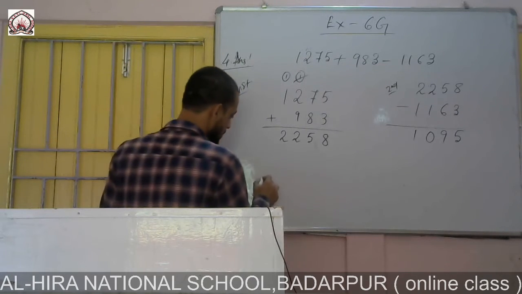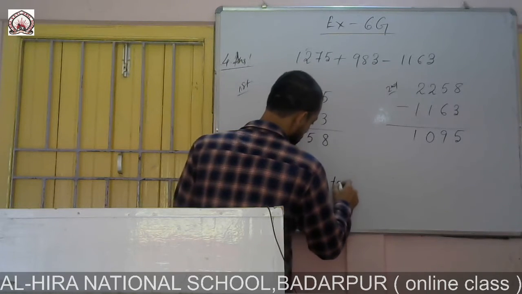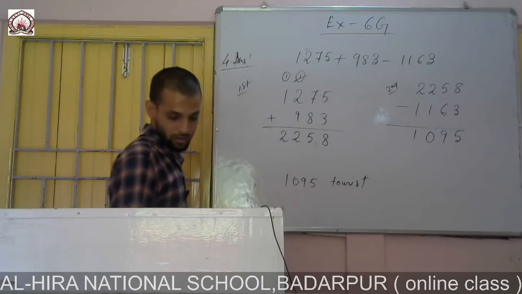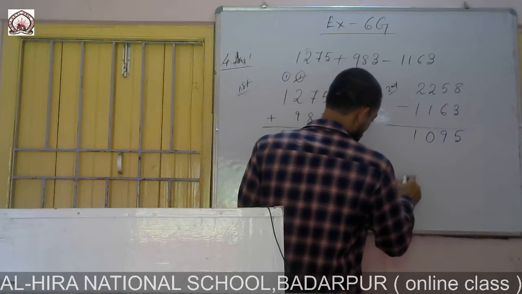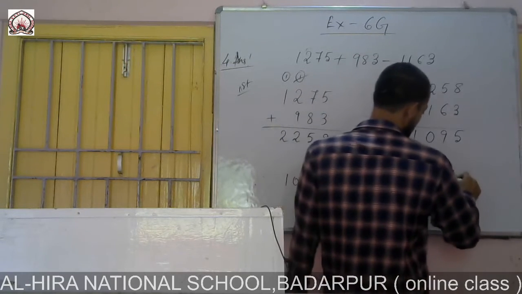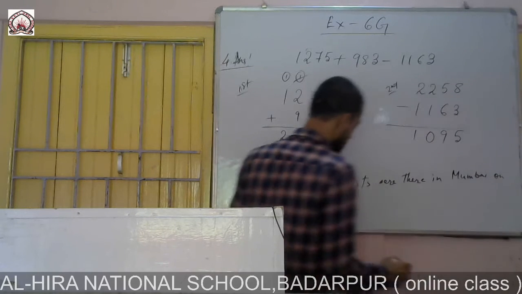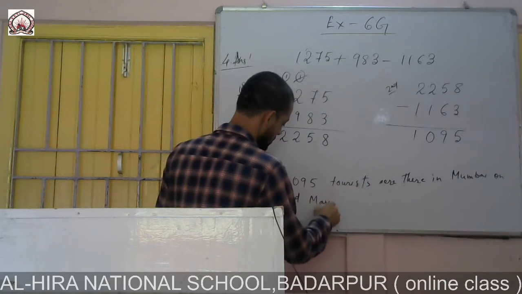Therefore we can write: 1095 tourists were in Mumbai on 2nd May.